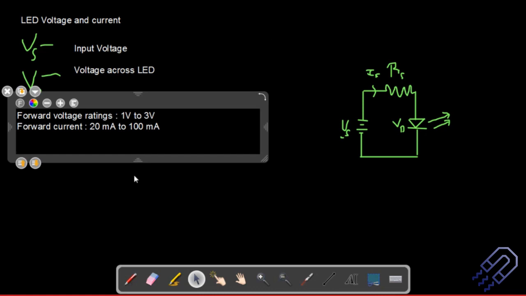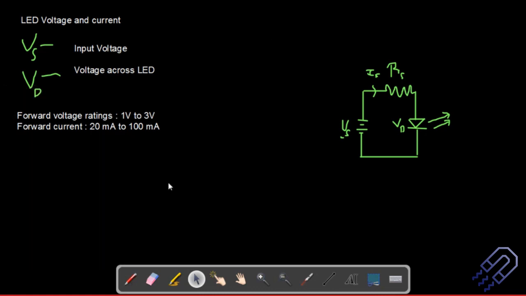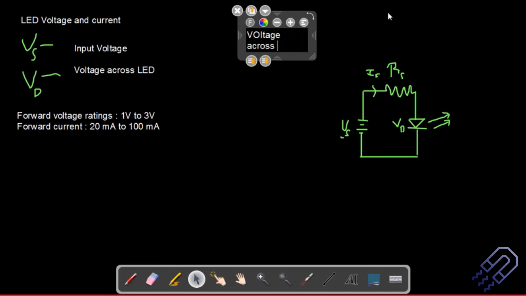So if we just want to find out what is the voltage across RS, let me just write down the formula that we are going to work on. Voltage across RS, that is the voltage across the resistance.